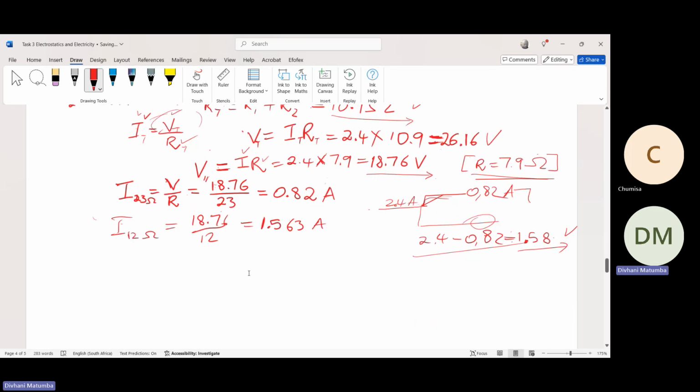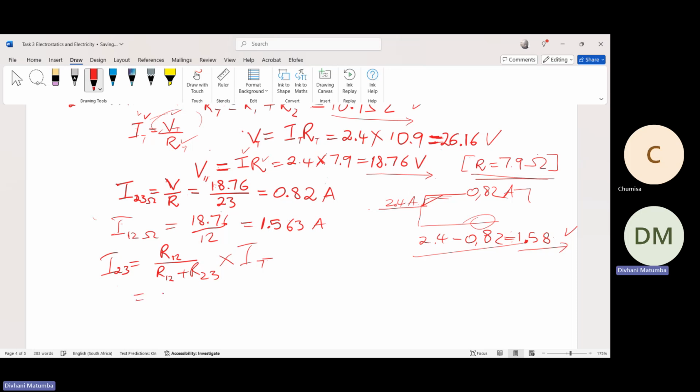Back in the days when I was in grade 10, this is what I would do. I used to use a lot of ratios. I would say I within 23 is given by R within 12 over R12 plus R23, then multiply by the total current, which is 2.4.